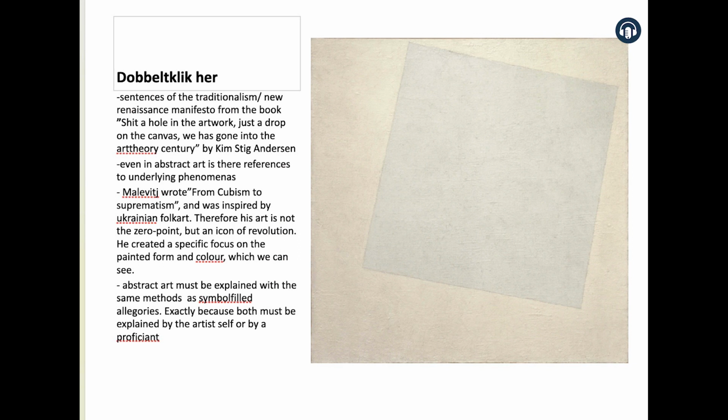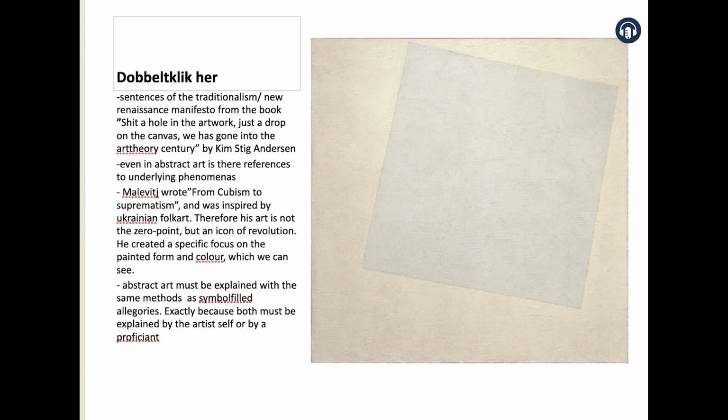And so we go to my book, Shit a Hole in the Artwork, Just a Drop on the Canvas. We have gone into art theory, a century by me, Kim Andersen. And there are some sentences we will also look at later. We're saying that even in abstract art there are references to underlying phenomena. Malevich wrote from Cubism to Suprematism and was inspired by Ukrainian folk art.